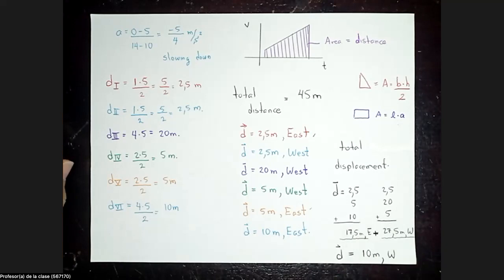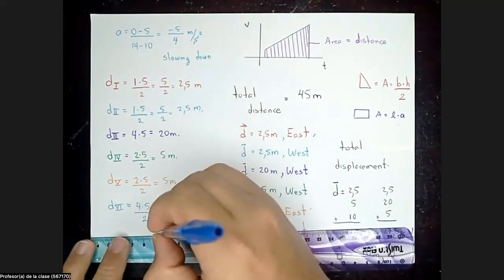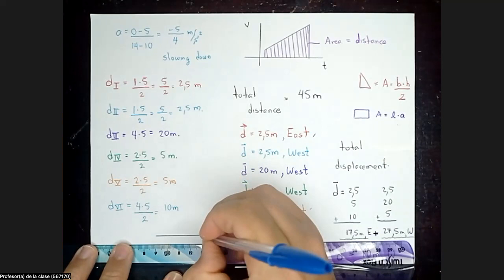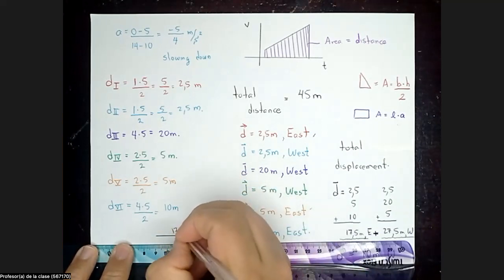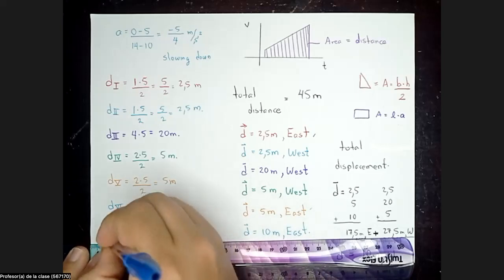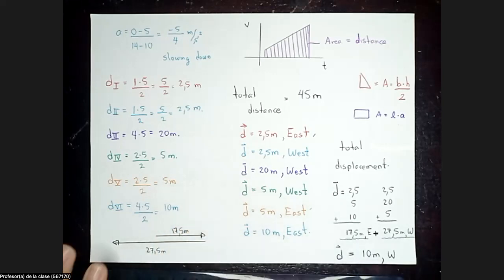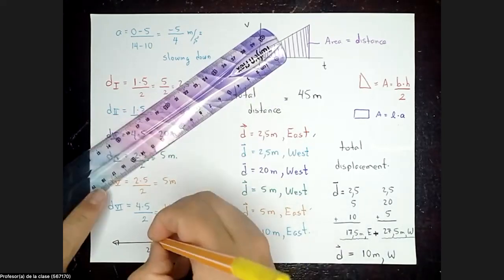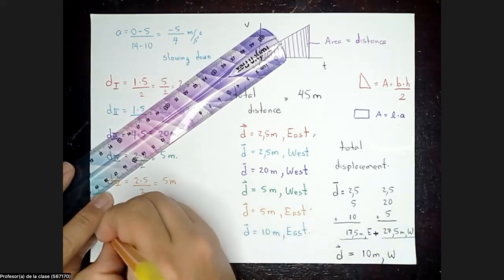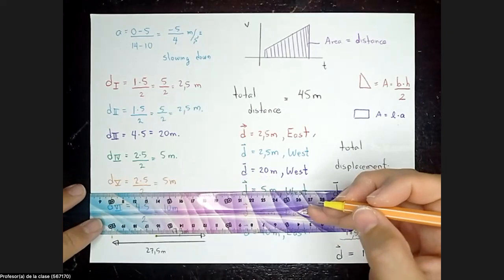17.5. And if you want to look at the graph, an addition of these two vectors here, we have 17.5 meters to the east and 27.5 meters to the west. And the final displacement is going to be the arrow between the origin and the final arrow here.